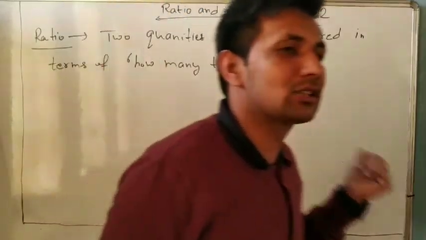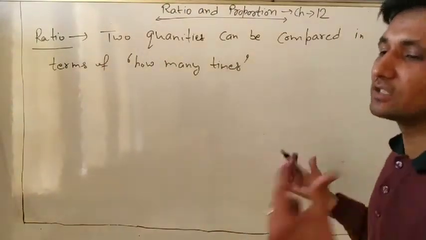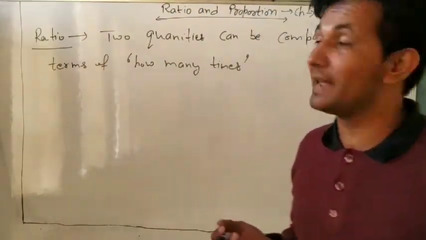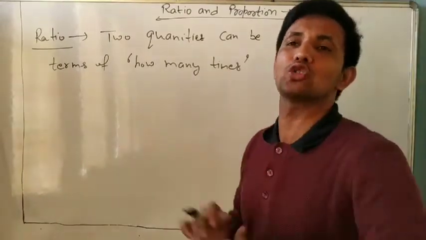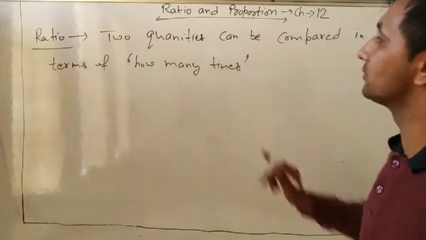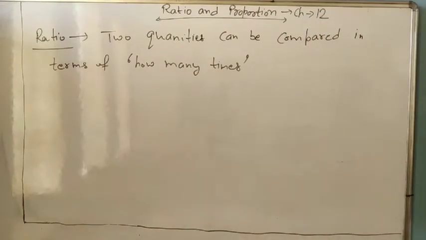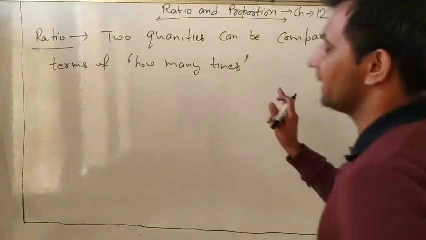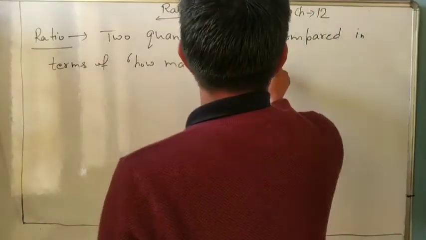Yes, in the last two examples, the cost of the pen is 5 times, and Sia's weight is thrice, so 3 times. Two quantities can be compared in terms of how many times.